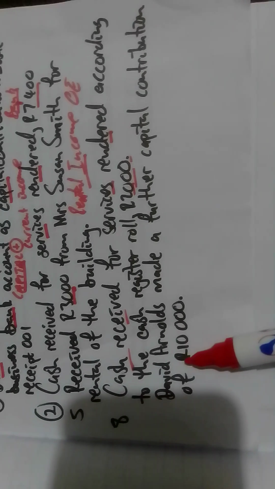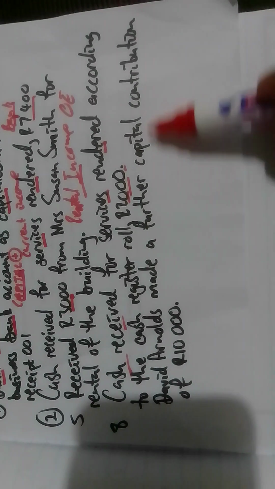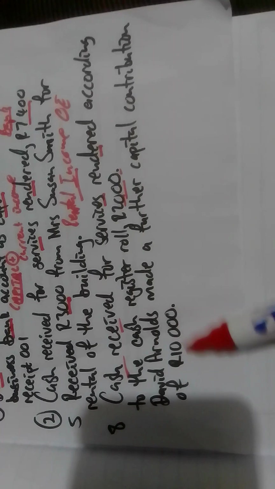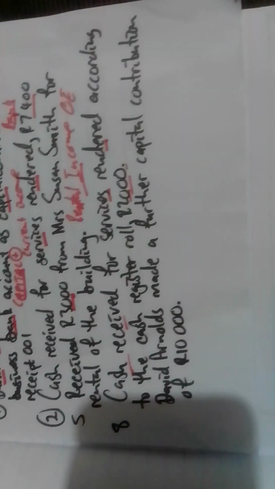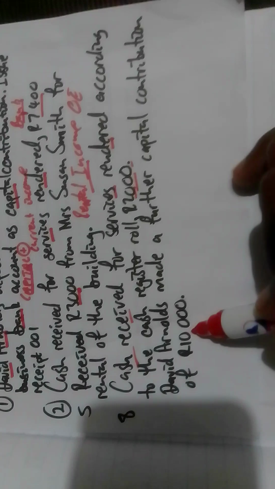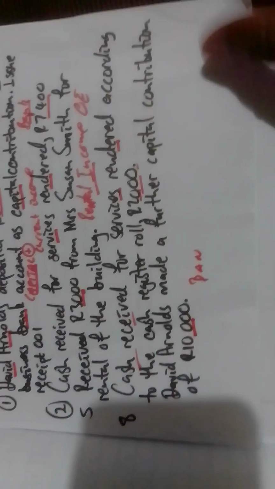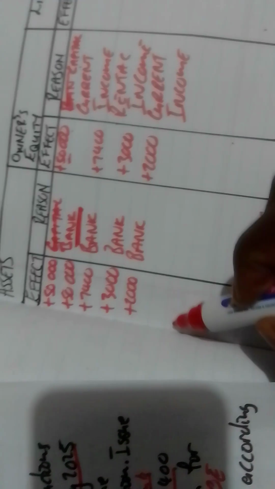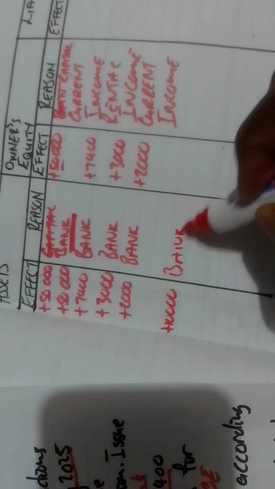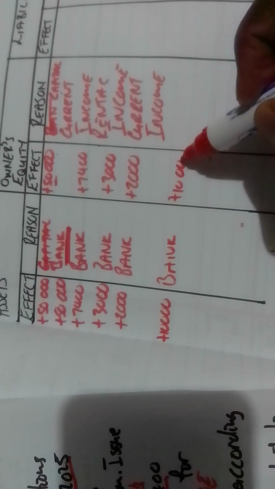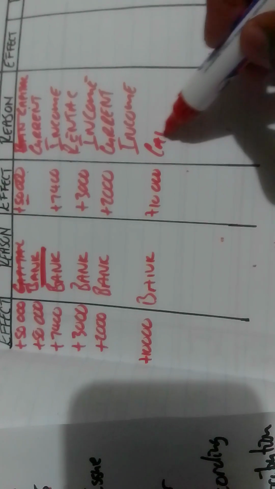Then we go to the last transaction. David Arnold's made a further capital contribution of 10,000 rands, which means there is bank and capital. So we say plus 10,000 rands bank, plus 10,000 rands capital. And just like that, we are done.